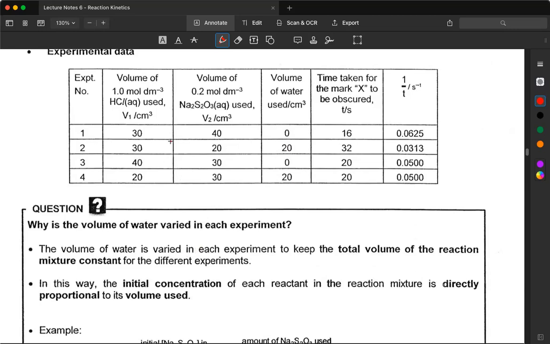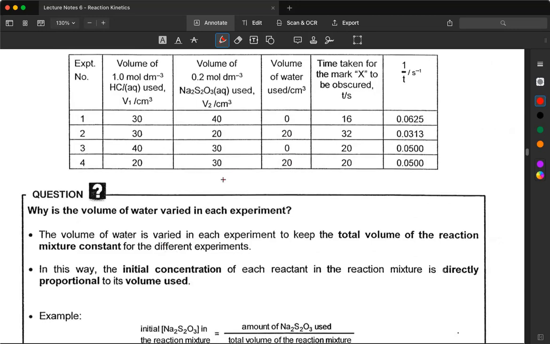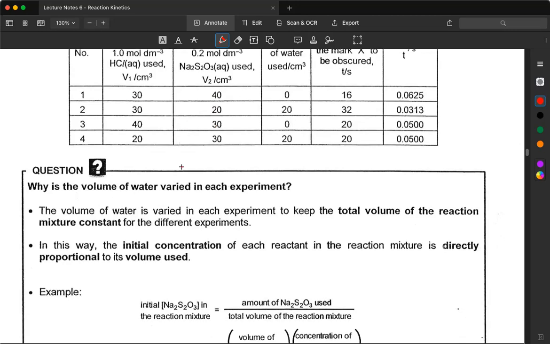We need to keep the total volume of the reaction mixture constant so that whatever concentration of the reactant is there in each experiment, it will be directly proportional to the volume used. So the volume of the reactants is directly proportional to the concentration.